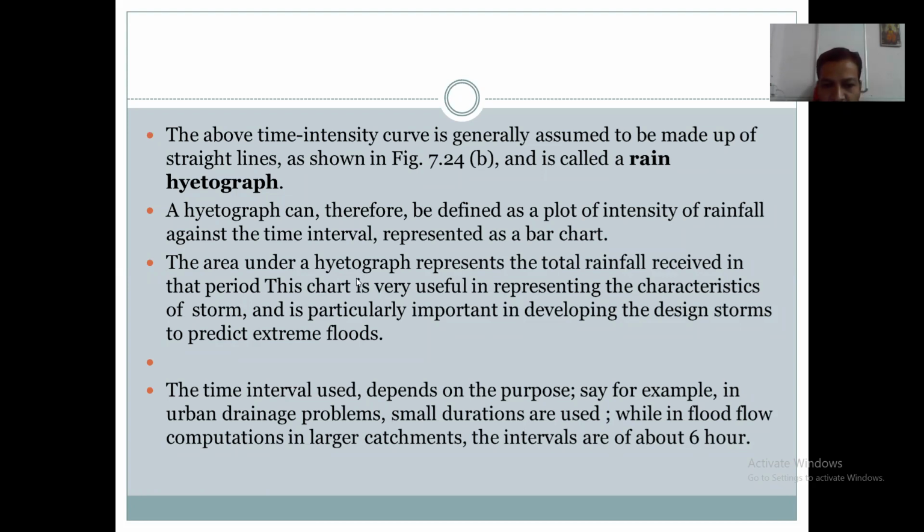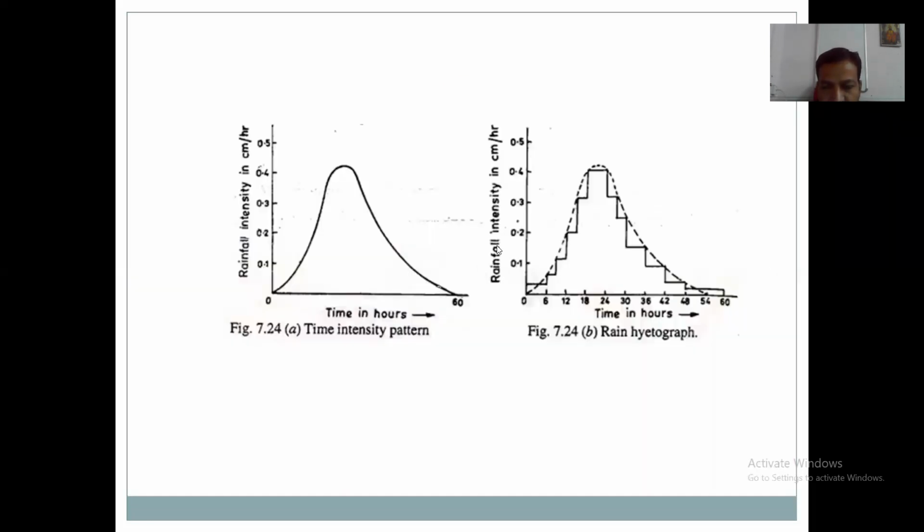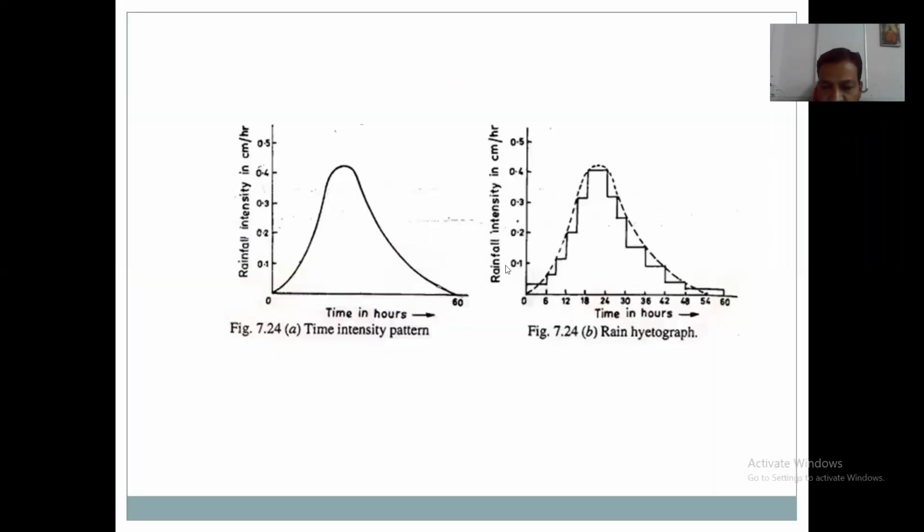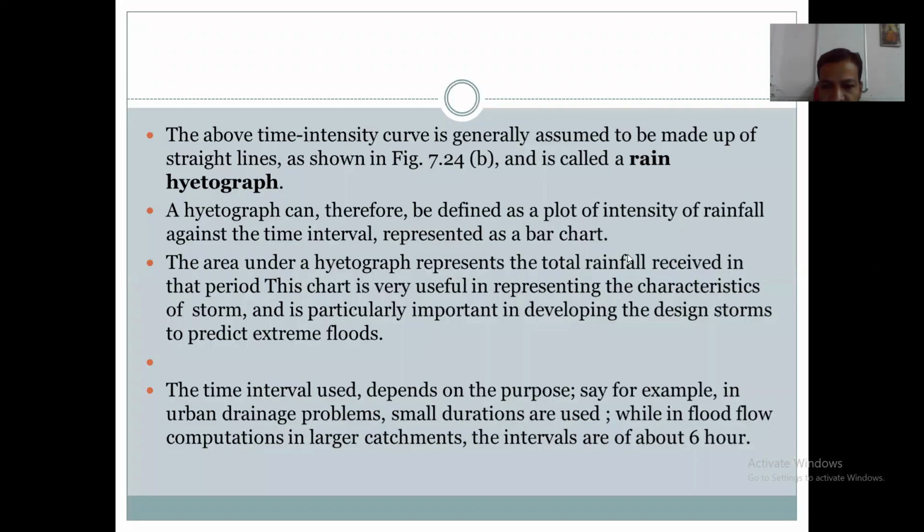So area under hyetograph represents the total rainfall received in that period. So the area under the hyetograph, how much area is there below this hyetograph, that represents the total rainfall received in that total duration, in a given period, how much the rainfall is done.